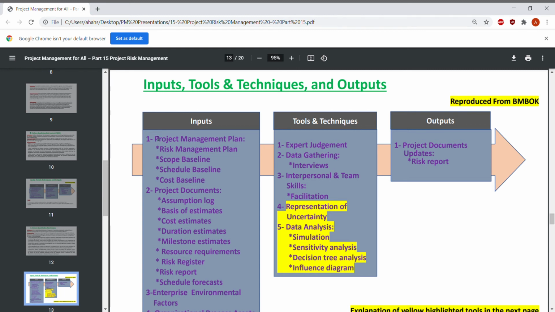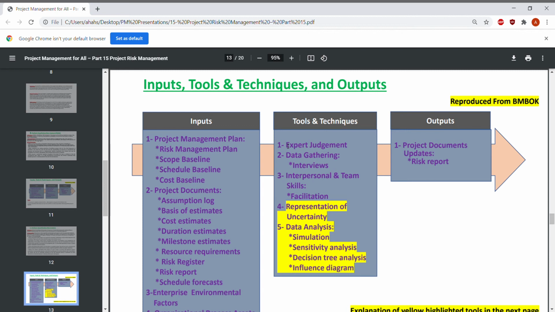There are many inputs to this process: the project management plan, project documents, assumption log, basis of estimate, cost estimates, duration estimates, milestone estimates, resource requirements, risk register, risk report, and schedule forecast, and the enterprise environmental factors and the organizational process assets. These are the inputs to this process, and I'm not going to talk about them because we already covered all of them in previous presentations.